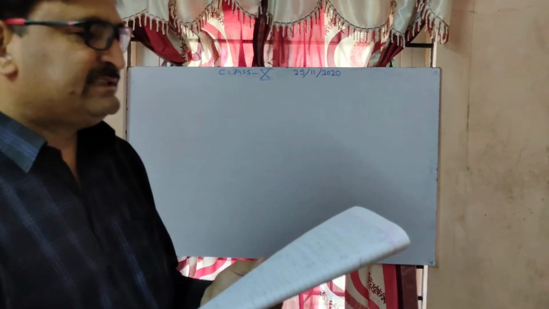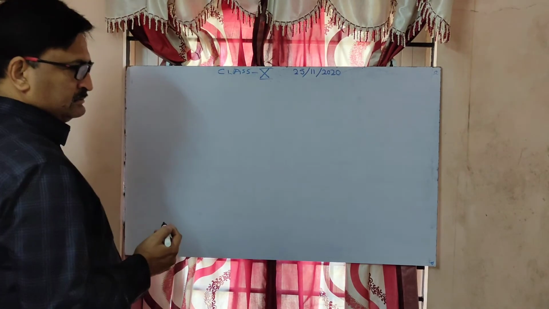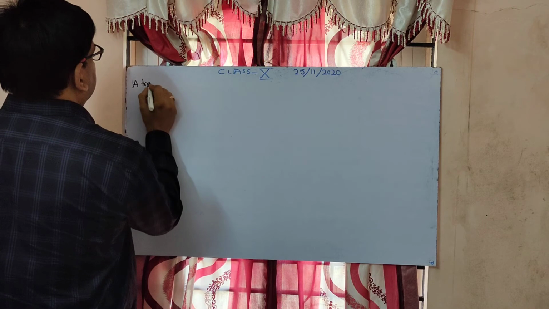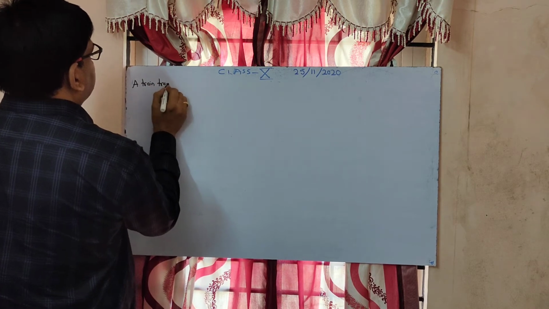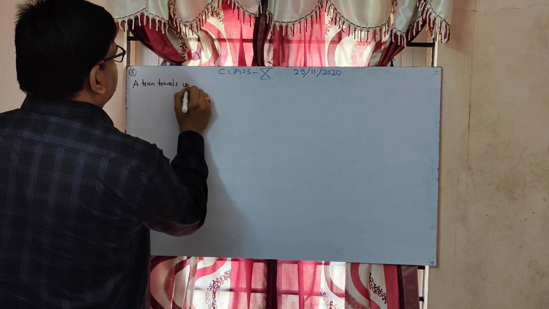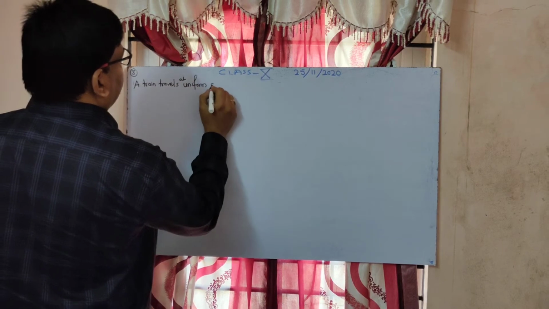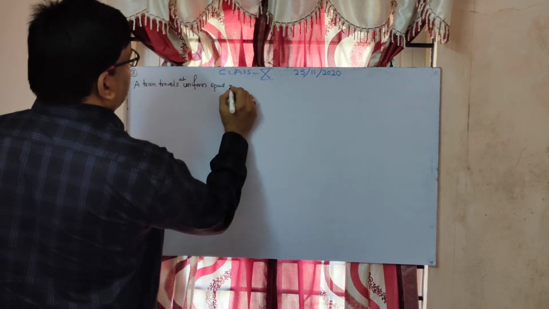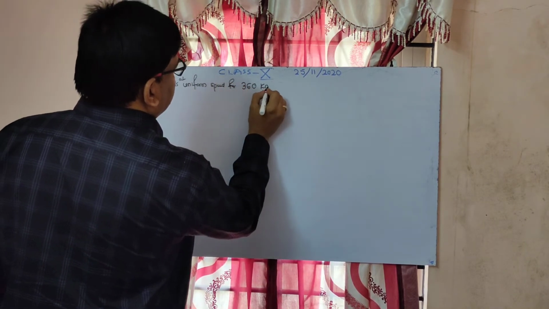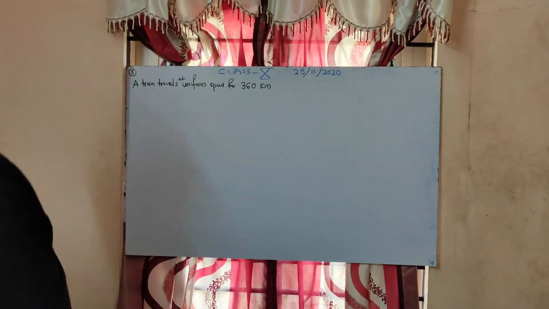A train travels 360 kilometers at a uniform speed.